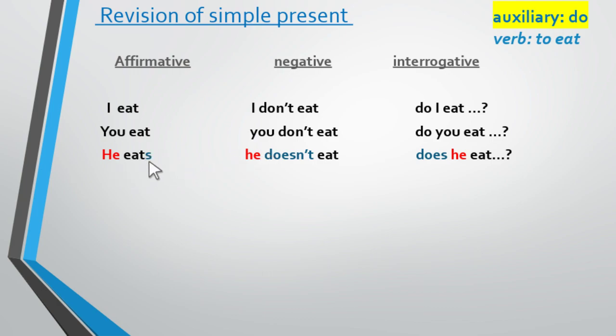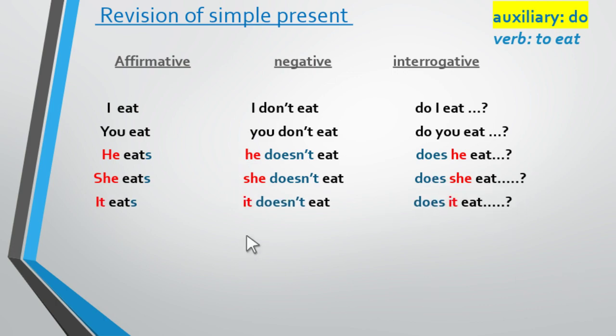And here we added an S, as I told you before. Let's keep going. She eats, she doesn't eat, does she eat? So here again, same case as he, we added an S. Here we conjugated the auxiliary do in the negative form and also in the third person singular, as well as here.